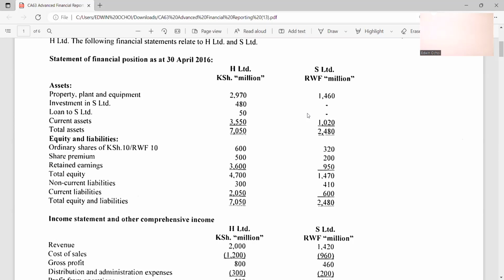So we do the translation. Once we are done with the first steps, then we do what is required. So I think you have the question.